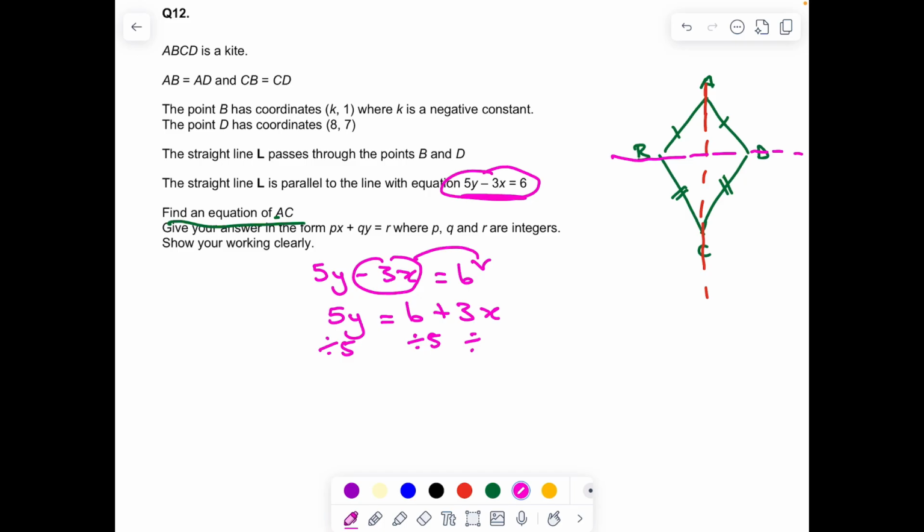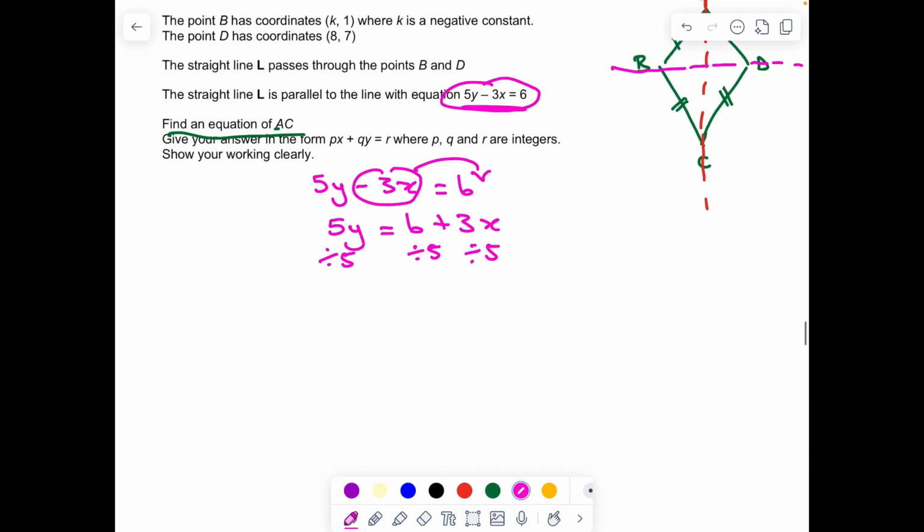That gives me y equals 6 over 5 plus 3 over 5 x. So that tells me straight away that the gradient of BD must be the same as this gradient, which is 3/5. They are one and the same.